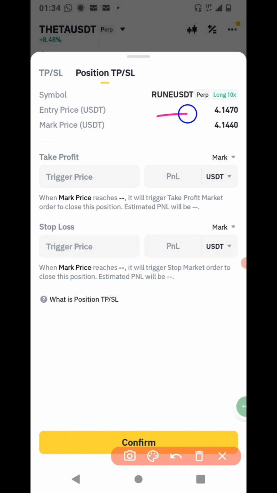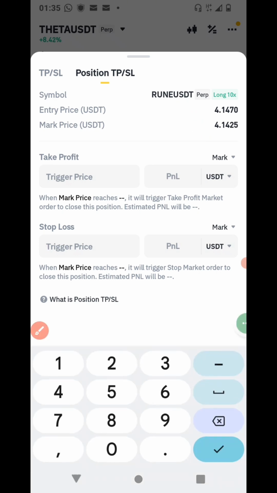Now here you will see this is the entry price, this is the current price. We entered the market at 41470. The market has dropped. We are predicting that the price will go up, but the market has come down to 41440. So let me say I want to put my stop loss at 4.1400. Like if the market continues to drop and it drops to, let's say, let me take it a little bit lower.